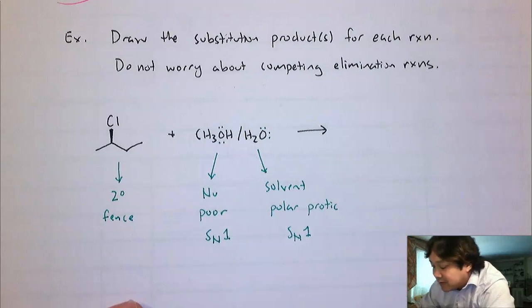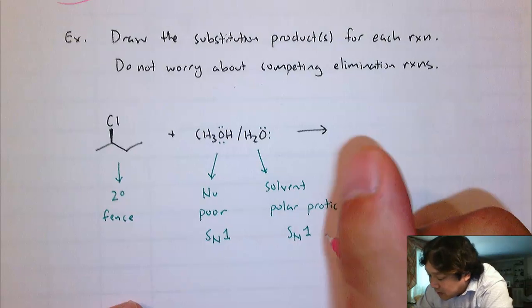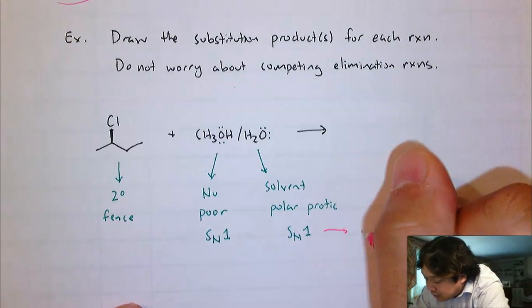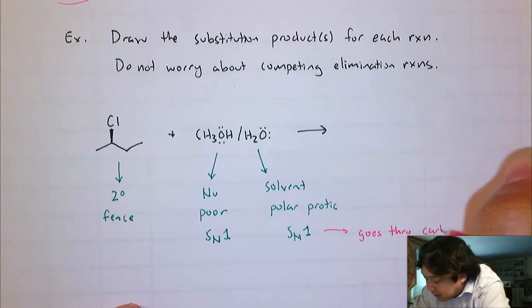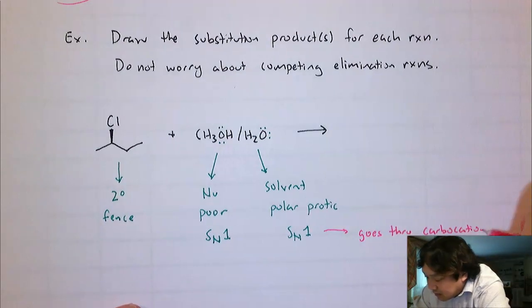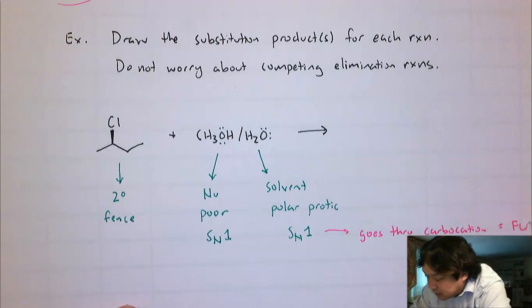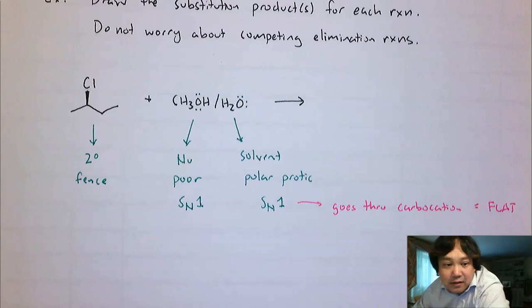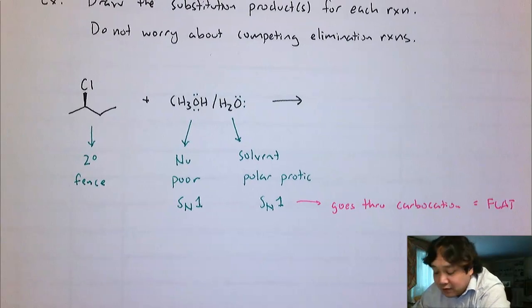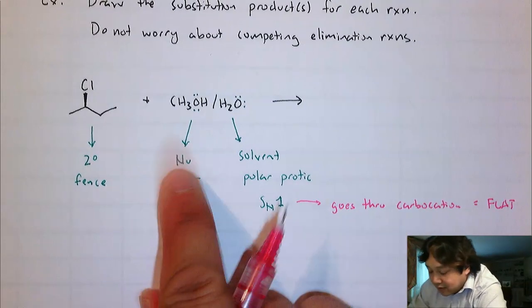What do we know about SN1? We know that SN1 goes through a carbocation. And we should always think about the geometry of the carbocation. It's flat. So this nucleophile can come in front or back.